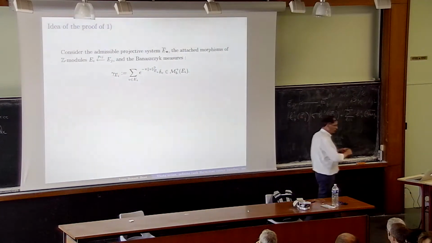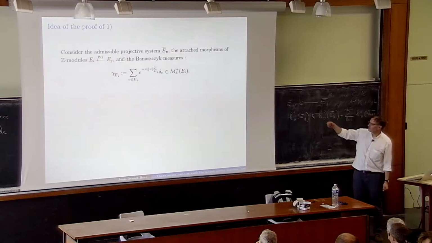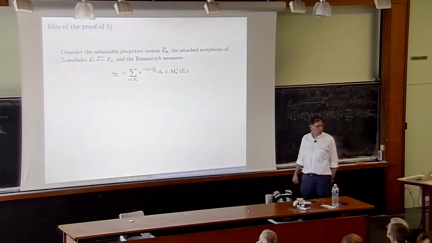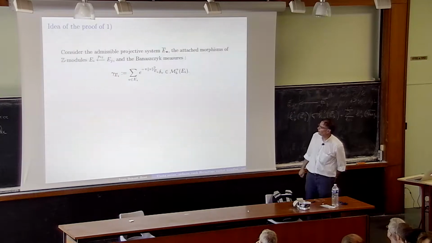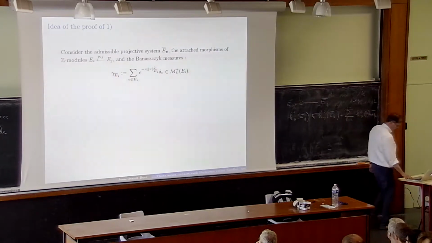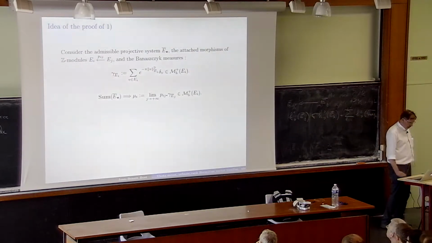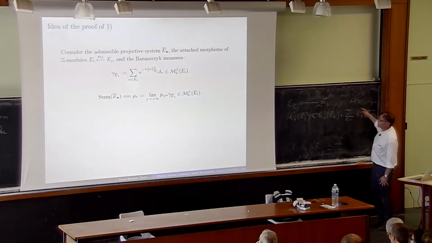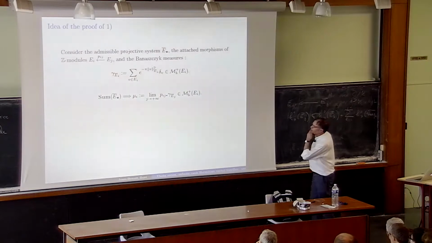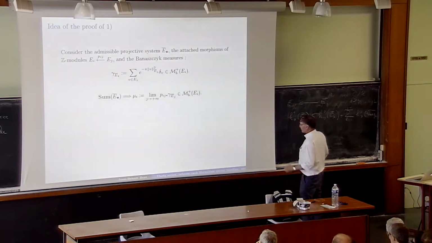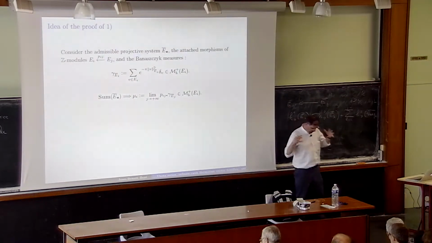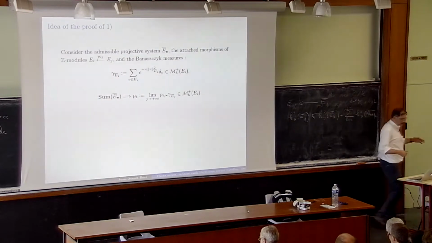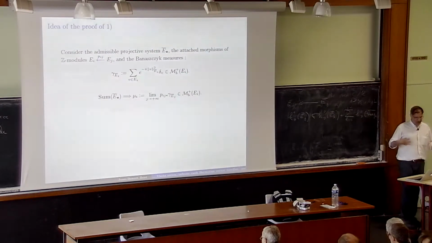So that's a measure you get by giving some Gaussian weight to every point of the lattice. And technically, that kind of summability condition concerning the series allows you to prove that this Banaszczyk measure has a very nice asymptotic behavior.